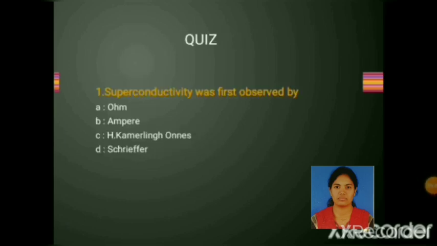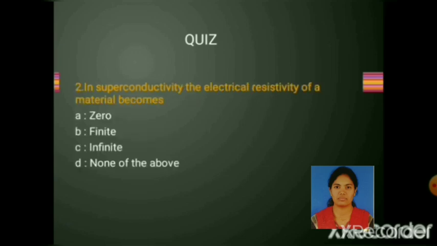Now let us see how much we have understood from listening to this class. So what is superconductivity? Who observed superconductivity? Ohm, Ampere, Kamerlingh Onnes or Schiffer? As we have seen in the introduction of superconductivity, it was observed by Kamerlingh Onnes. Next question.